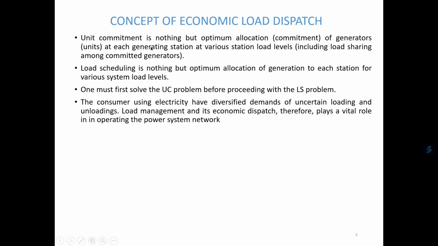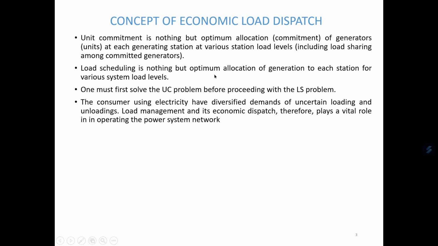Now, the definition of unit commitment: it is the optimal allocation, also called commitment of generators or units at each generating station at various station load levels, including load sharing among committed generators. Now, what is meant by load scheduling?